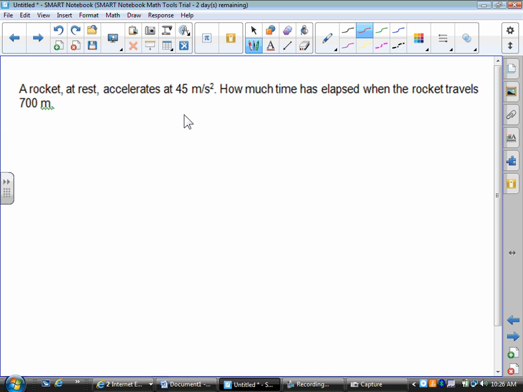All right, so on this one, what do we got here? We've got rest, 45 meters per second squared, and then 700 meters. So what does this stuff stand for up here? Right, this is the initial velocity, it's 0. What about this? That's your acceleration.